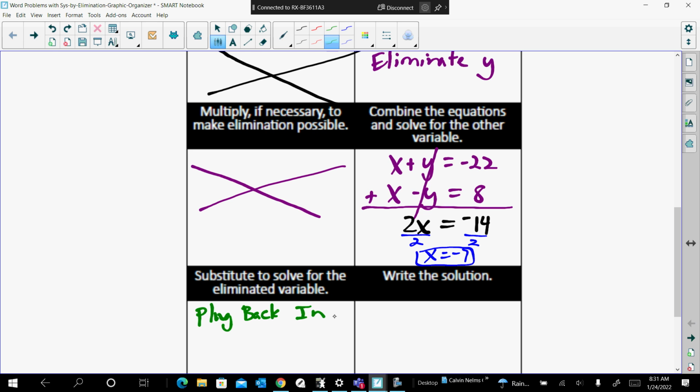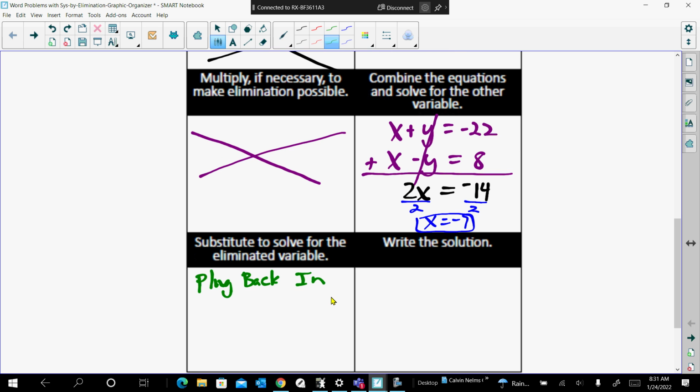So think about it. Do we want to do the sum or the difference? It doesn't matter. First equation or second equation? Okay, second equation is x minus y equals 8. We plug in what we had, which was negative 7 for x, so we have negative 7 minus y equals 8.